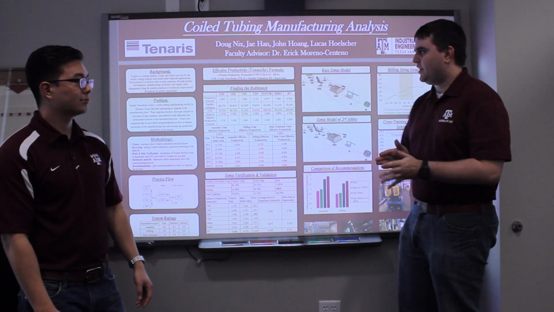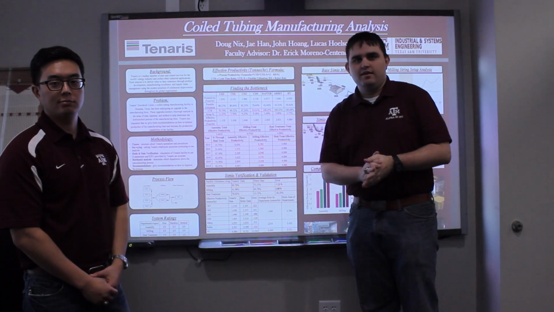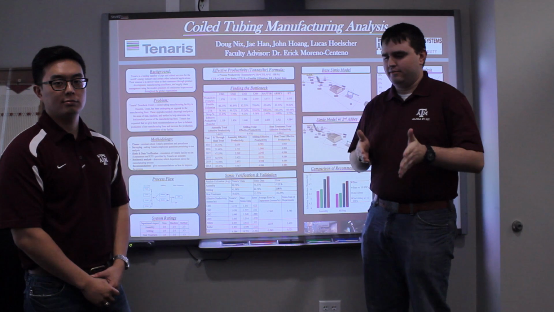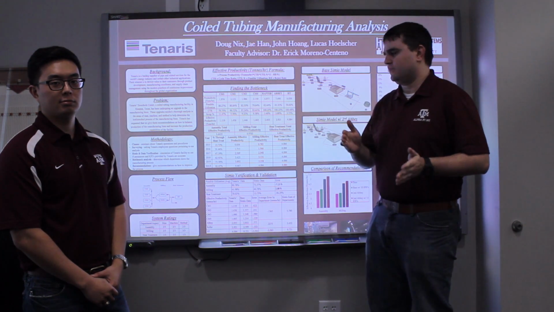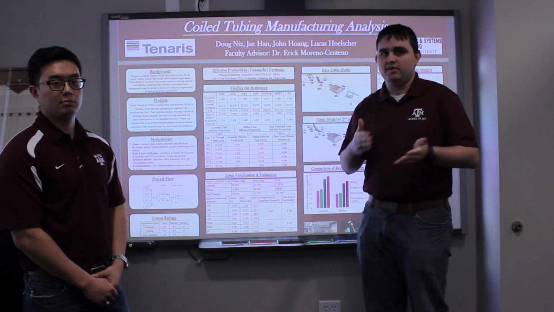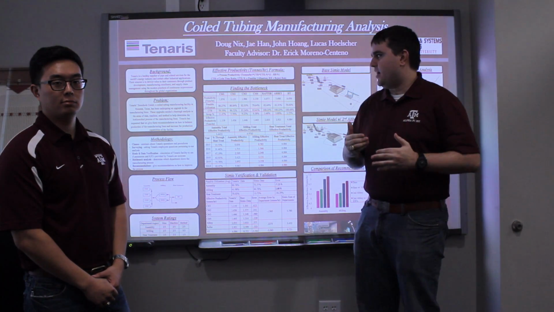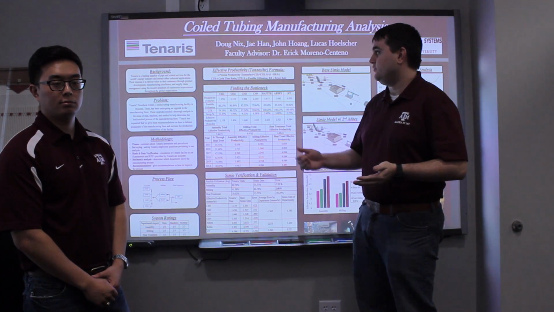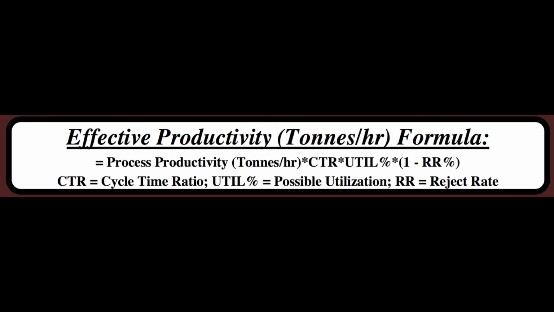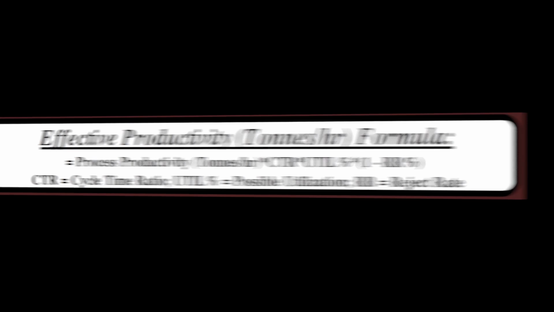Alright, so Tenaris provided us some historical data over the past year of their analysis of how their departments and lines within their departments performed. In order to find the bottleneck, we needed to calculate the effective productivity of each department, which is displayed by this formula.